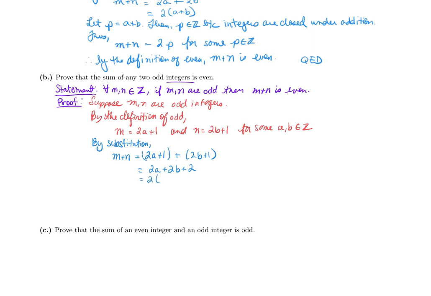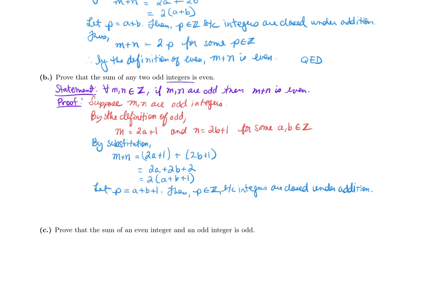And we can factor out a 2, and we're left with a plus b plus 1. If we let p equal a plus b plus 1, we can say then that p is an integer because integers are closed under addition here. We didn't have any subtraction or multiplication yet.